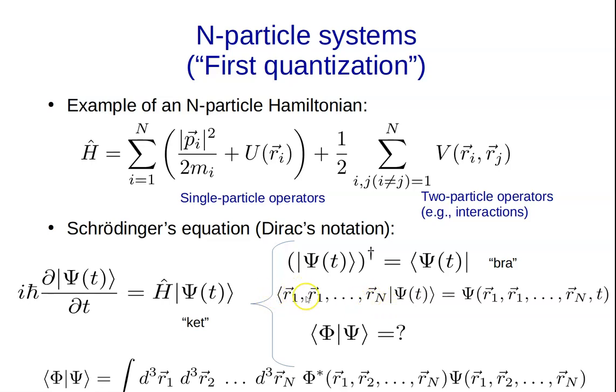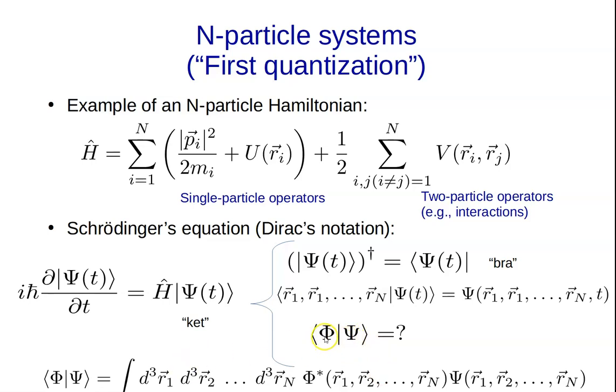In principle these are all 3D, but of course we're going to restrict ourselves to 2D and 1D at times. And this ket represents an n-particle state. As usual, we have a bra related to the ket, which comes from the complex conjugation of it. And of course, we can define an inner product between these two n-particle states.